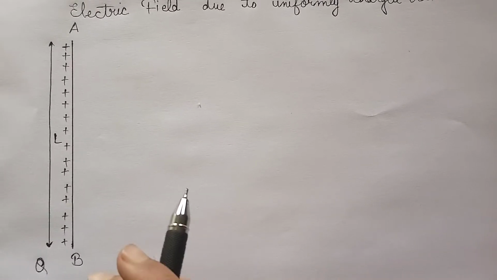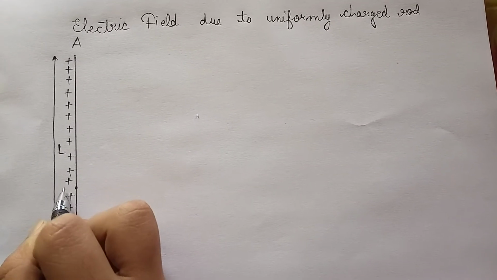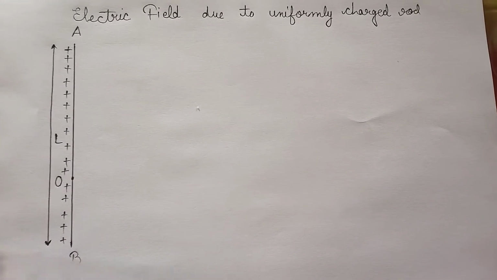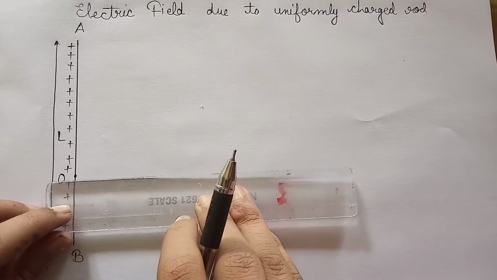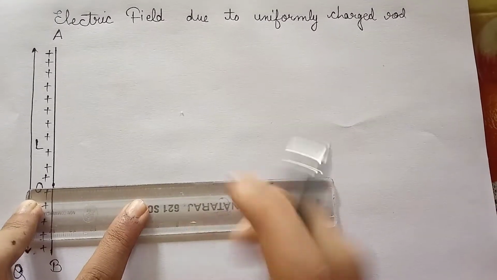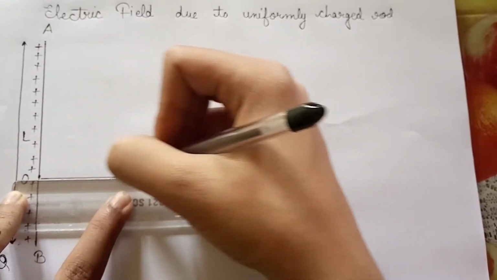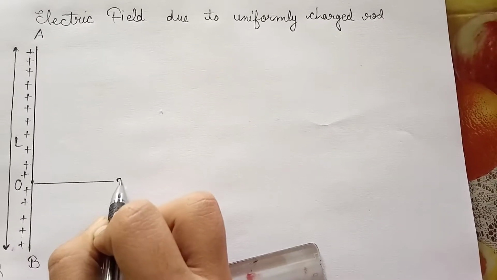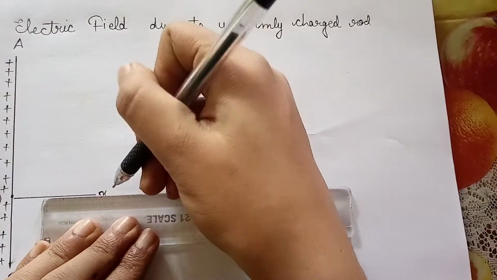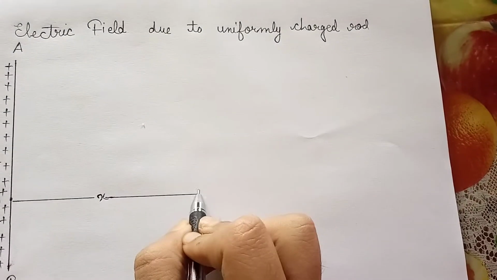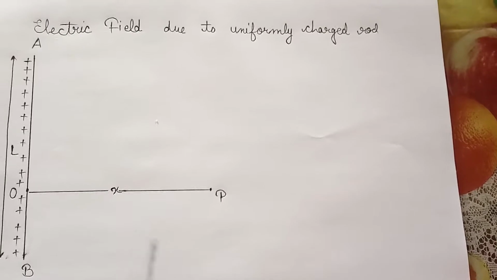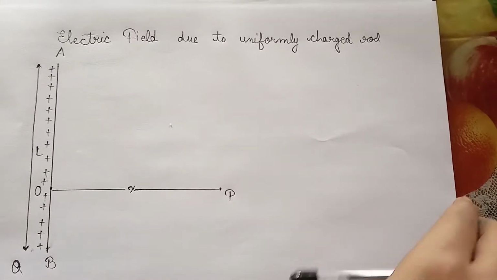Now let's take a point O inside the rod, and at some x distance, we have a point P. We have to find out what is the electric field at this point P.